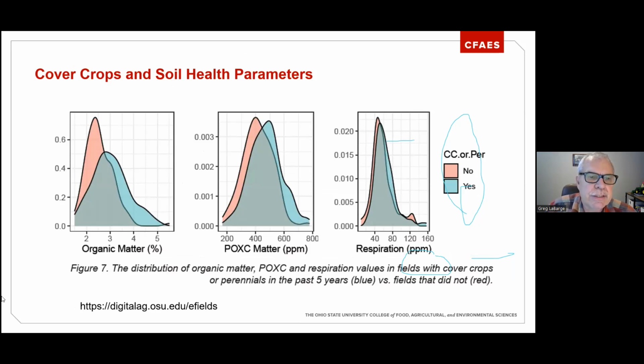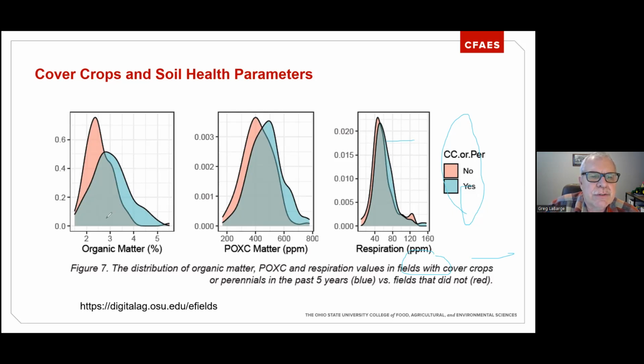And what you see with the blue chart representation is the distribution of organic matter, and the percentage on the y-axis.